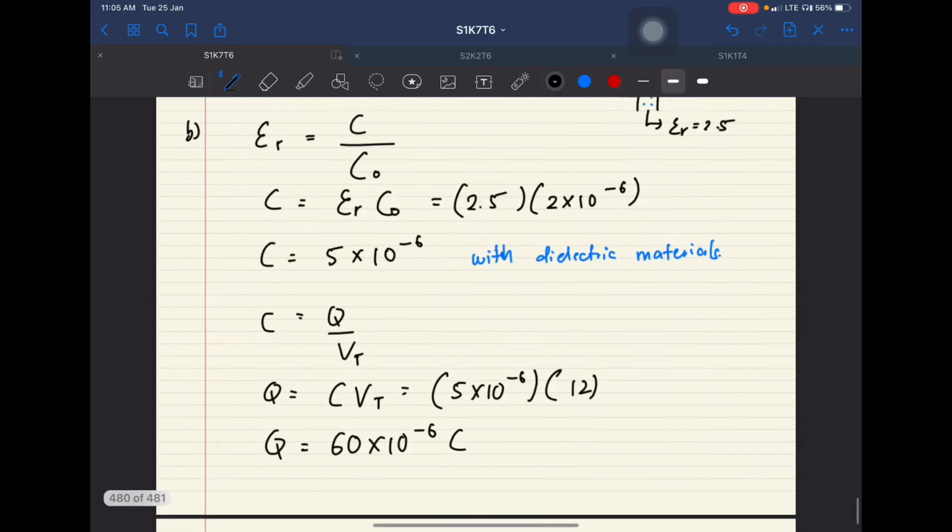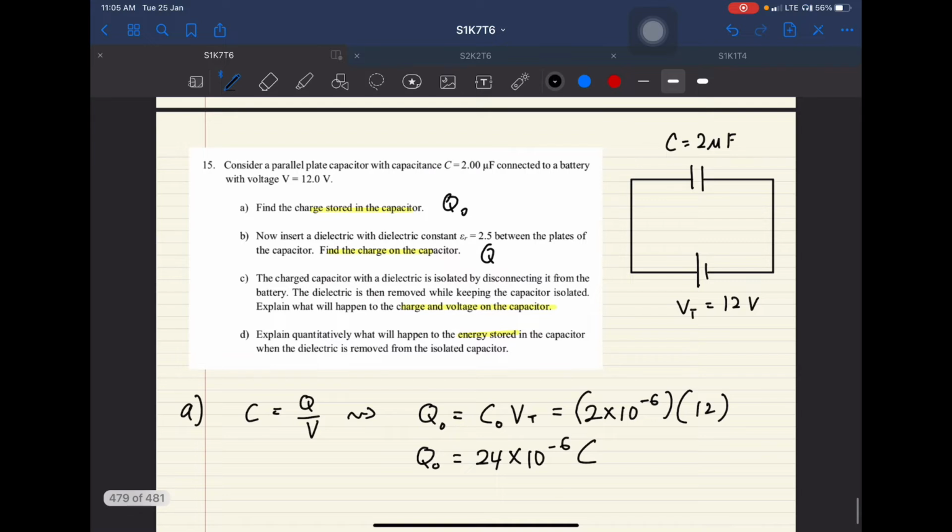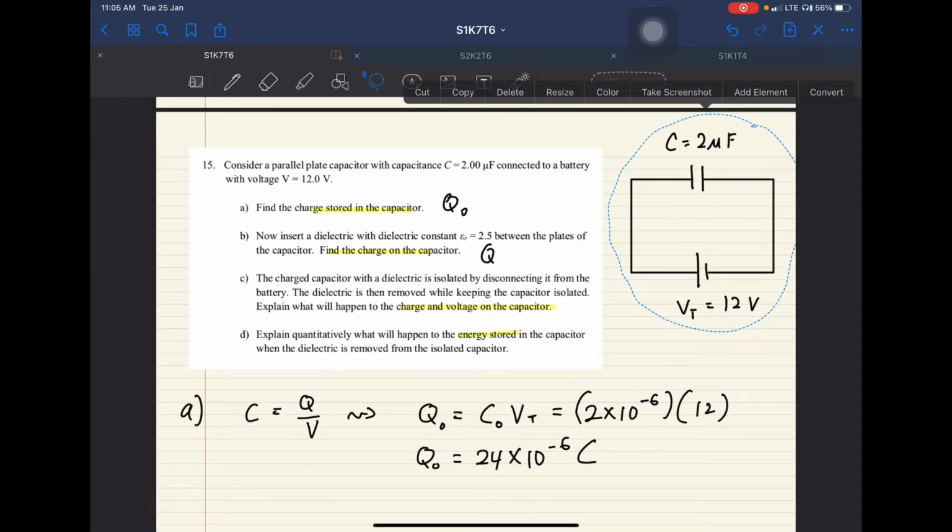Okay, and then the next part says that the capacitor with dielectric is isolated by disconnecting it from the battery. So there's no battery, and the capacitor is kept isolated. Explain what will happen to the charge and voltage on the capacitor. Basically, you just remove the battery there.